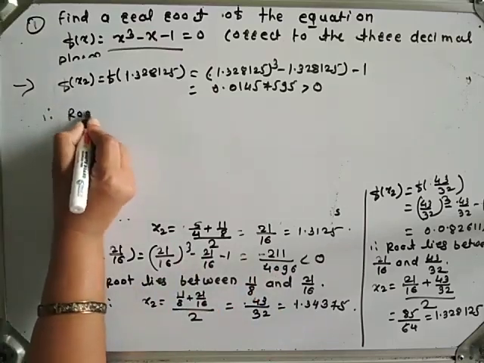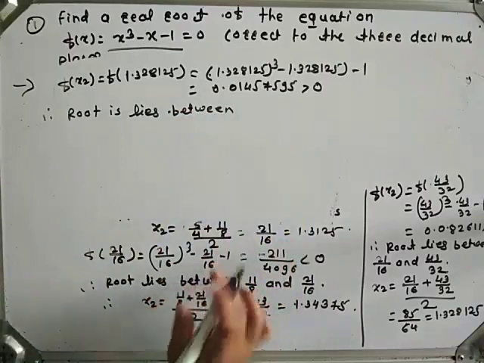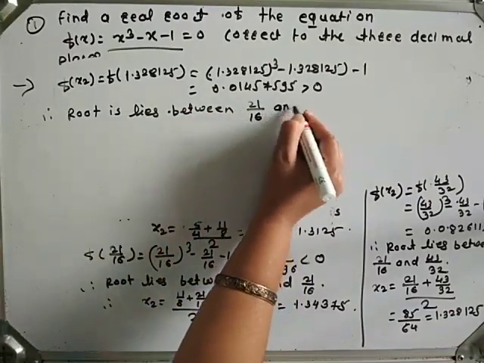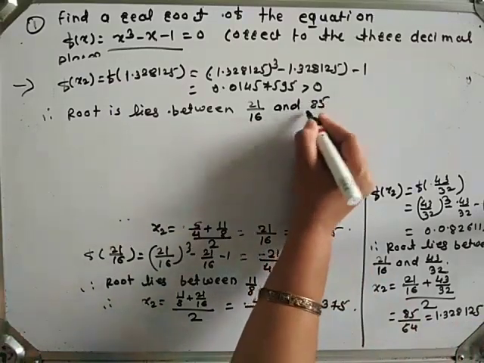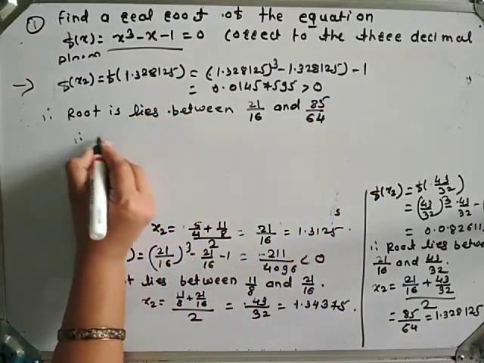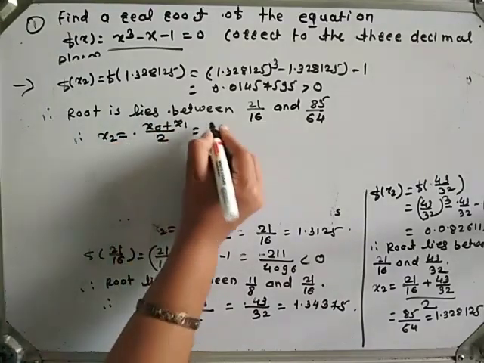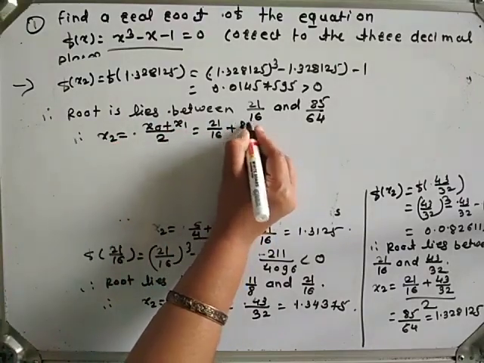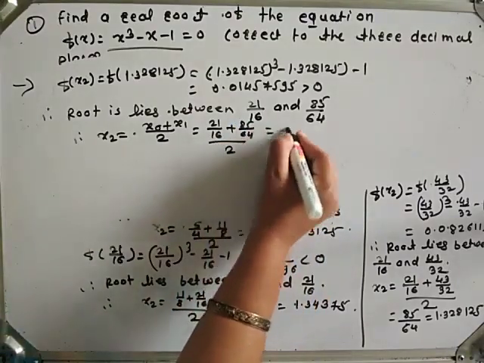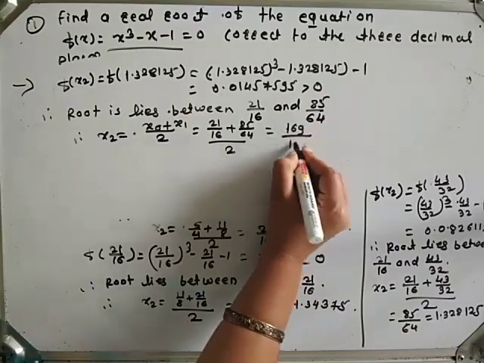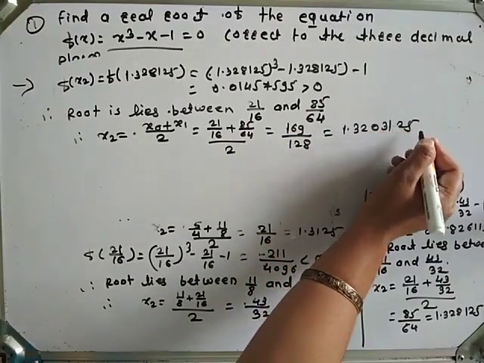Therefore the root lies between 21/16 and 1.328125, meaning 85/64. Therefore the approximate value of the root is x2, which is equal to (x0 plus x1) upon 2, which is equal to (21/16 plus 85/64) upon 2, which is equal to 169/128, which is equal to 1.3203125.